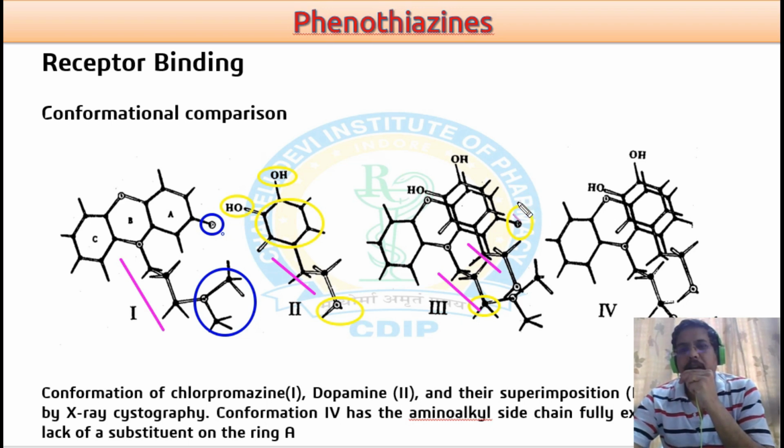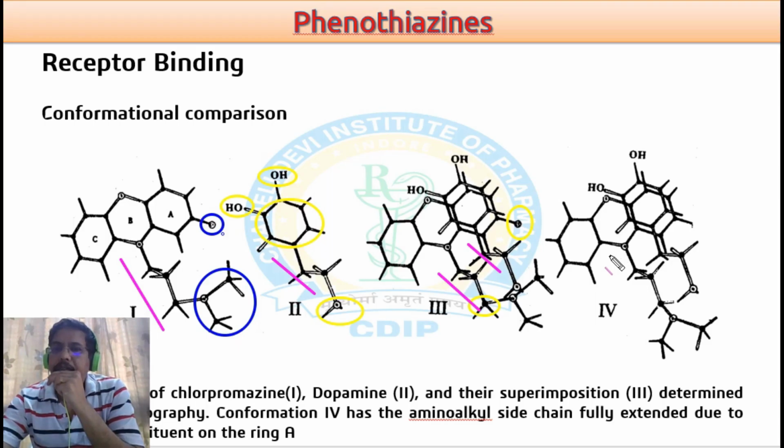But if the electron withdrawing group is not there, then in that condition the bending does not take place, like in the fourth superposed position, in which the length is somewhat more as compared to dopamine.